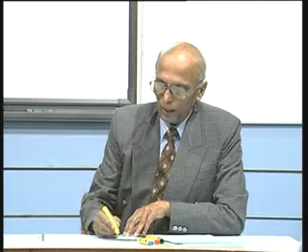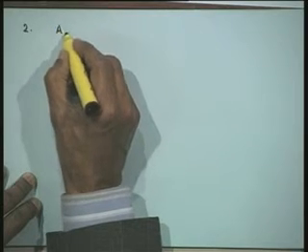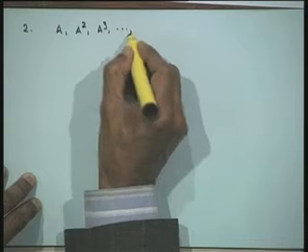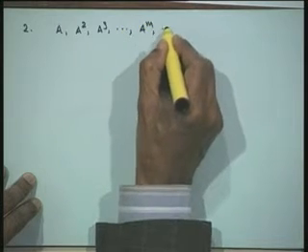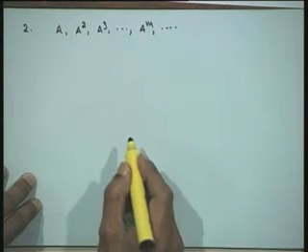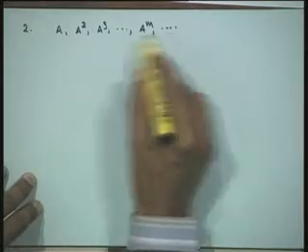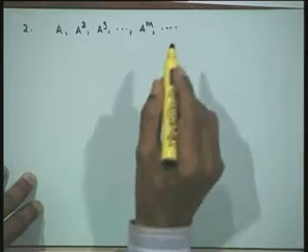Now, we need one more definition. What we have here is a sequence of powers of a matrix, A square, A cube, and so on. We have A to the power of m. We would like to know when this sequence converges, and converges to a null matrix.